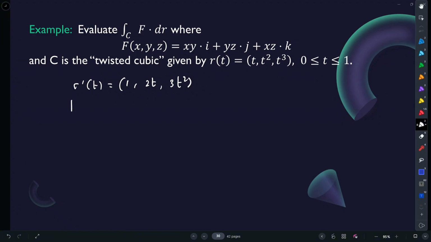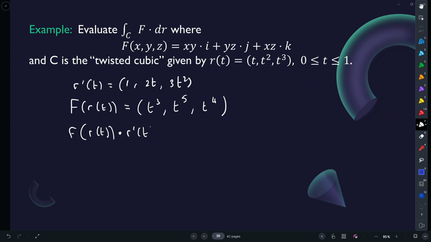And then F of r(t), if you plug in, what do you get? You get x times y, so t times t squared is t cubed. Y times z is t to the 5. And x times z is t to the 4. And F(r(t)) dot product with r prime.